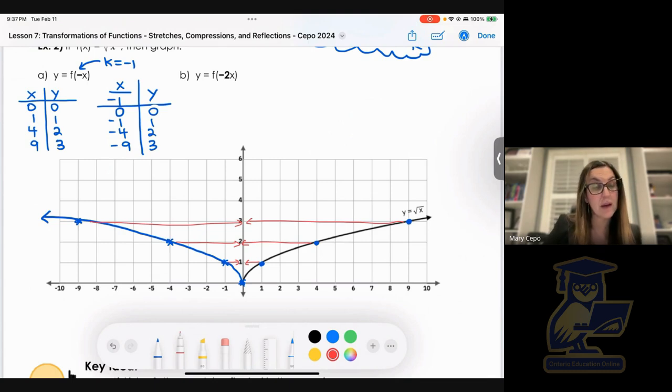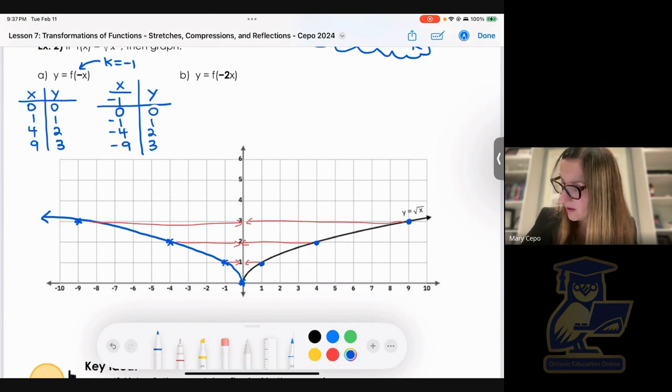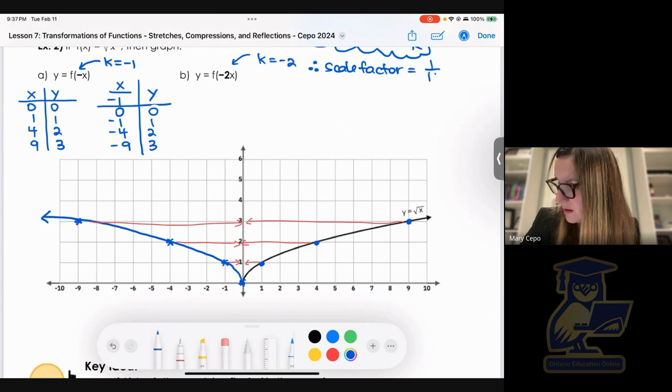Let's see how the graph is going to be impacted when there's a value as well, not only a negative. So in this case, we want to identify the k value. In this case, our k value is negative 2. So therefore, my scale factor, which is 1 over k, is going to be 1 over negative 2.